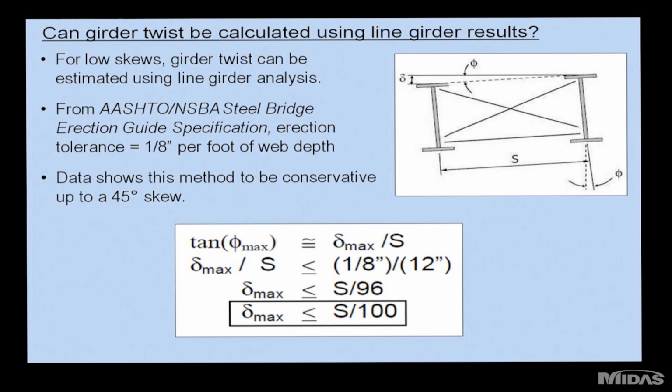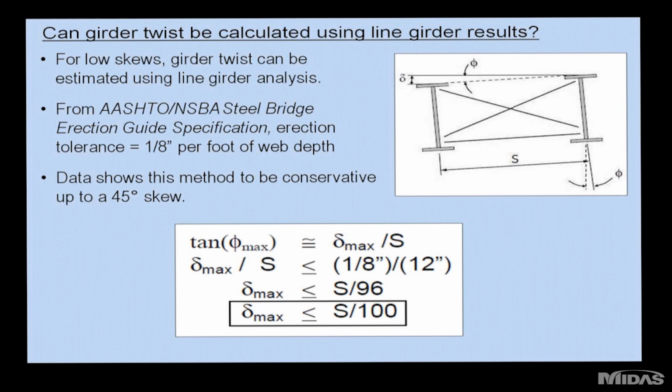If you measure the differential deflections, this is based on a 1/8 inch per foot of web depth as an allowable tolerance for rotation. That comes from the erection tolerance from the AASHTO NSBA erection guide specification.